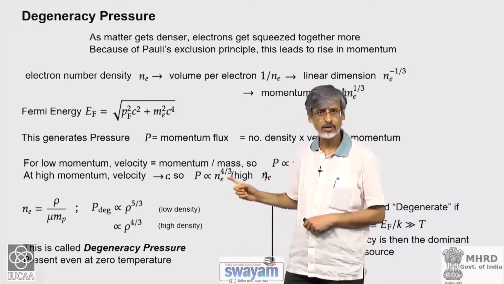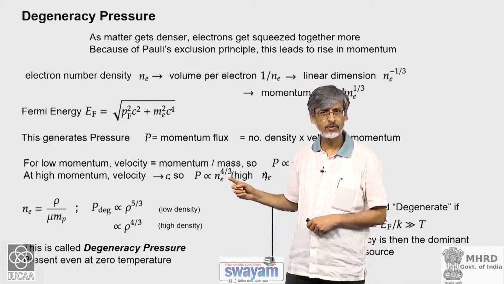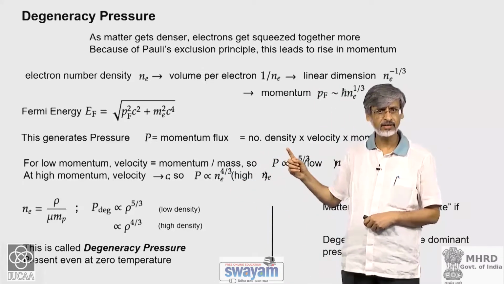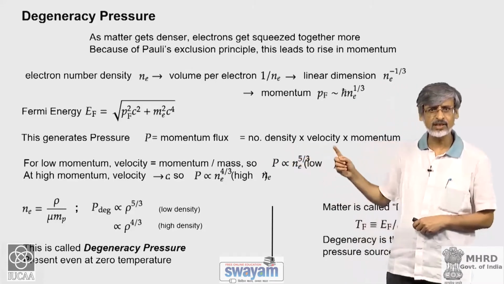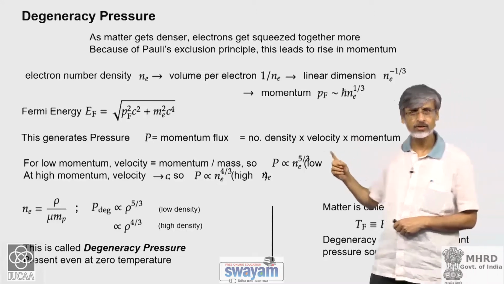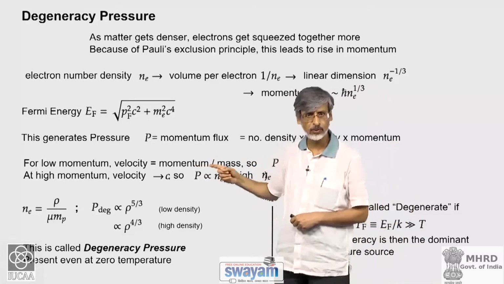So, the pressure now is going to have a number density which is n e, velocity which is c, and momentum which is n e to the power of 1/3. So, the whole product, instead of being n e to the power of 5/3, now becomes n e to the power of 4/3.